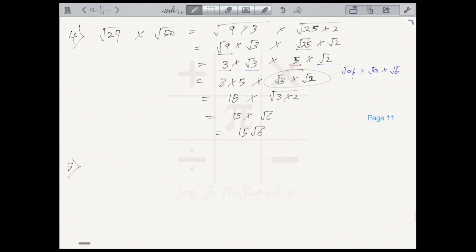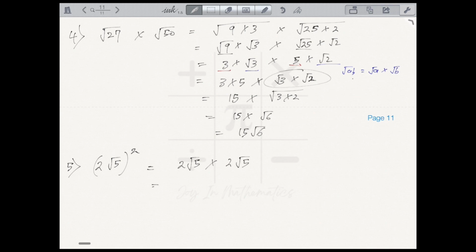And finally, we're given the question 2 root 5 raised to the power of 2. When we know something is squared, we are saying that it is multiplied by itself.